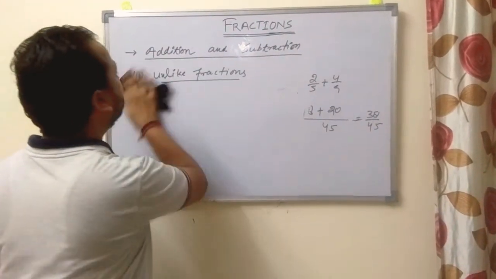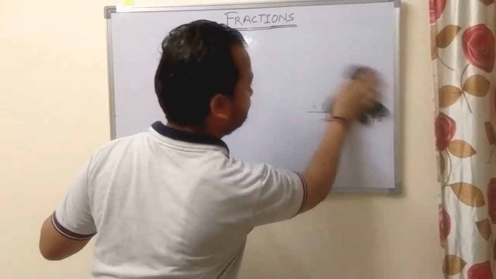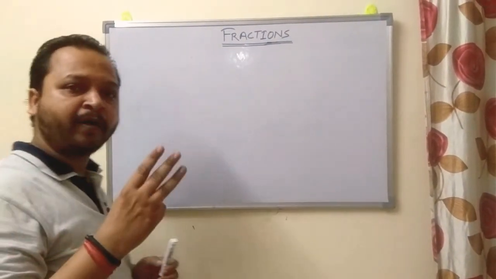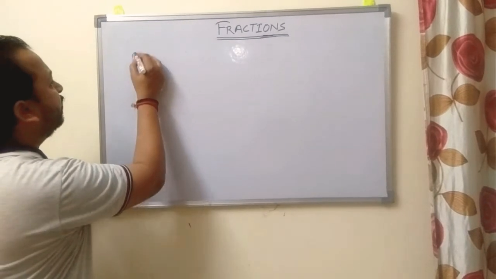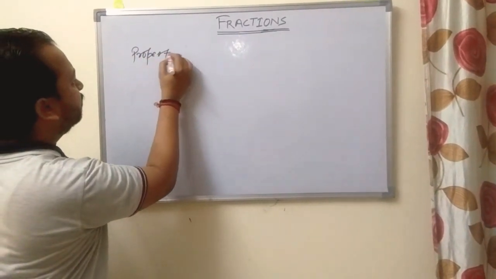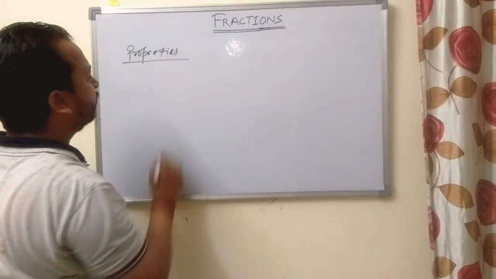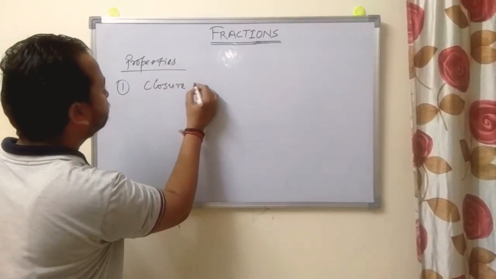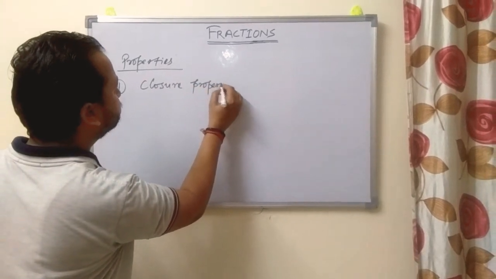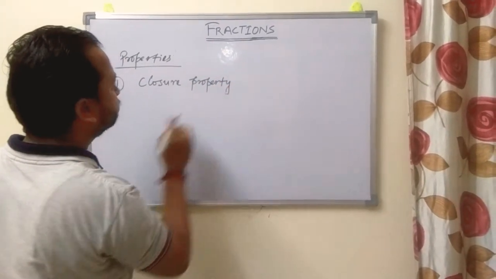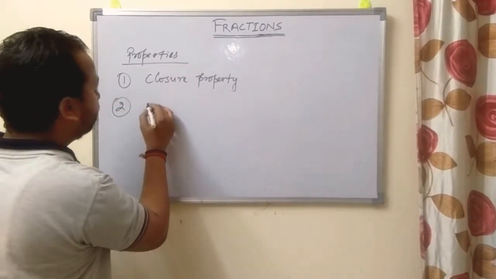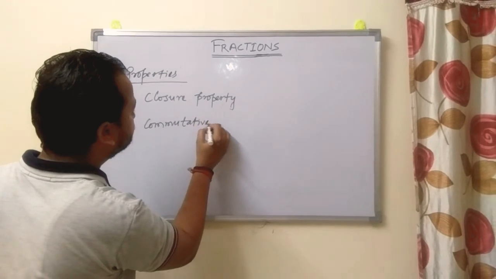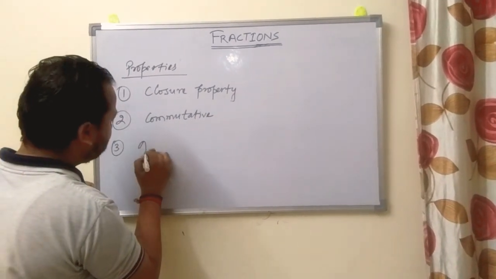Now come to properties. You know there are three basic properties. The first property is the closure property. The second property is commutative, and the third property is associative.